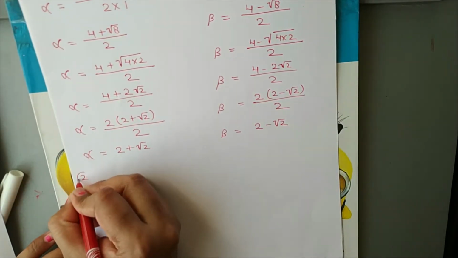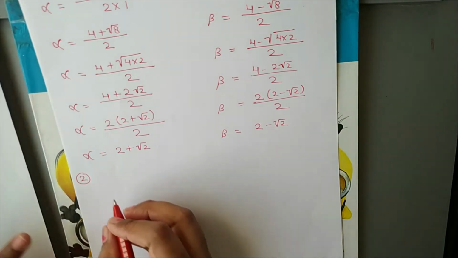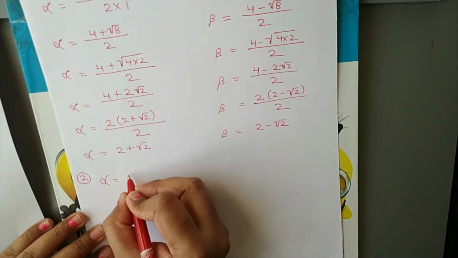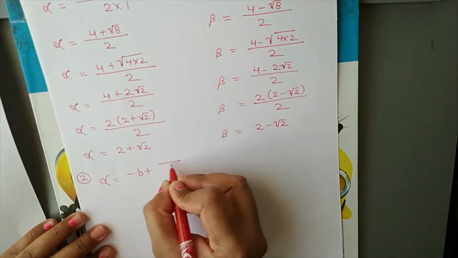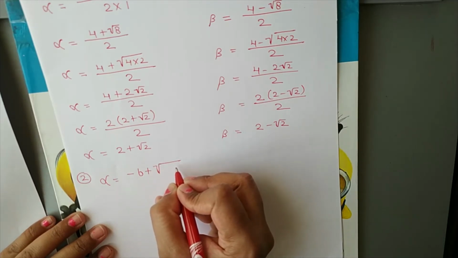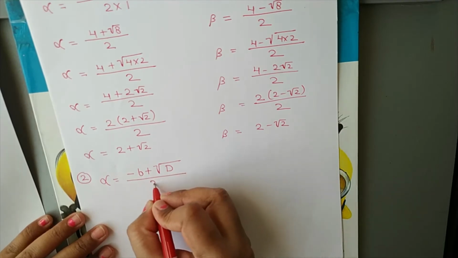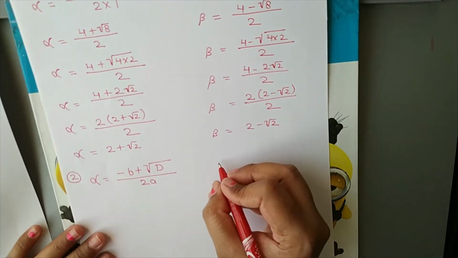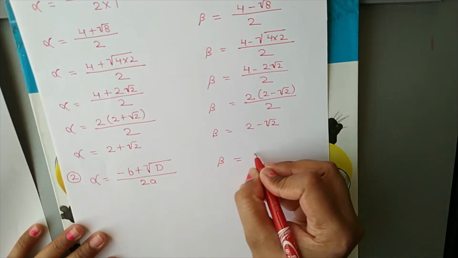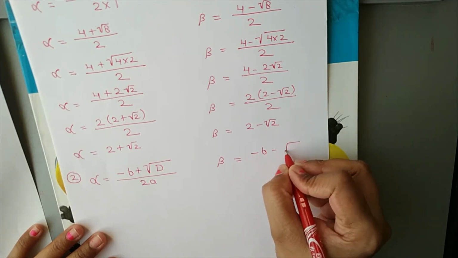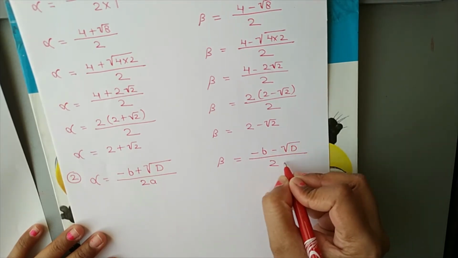For the second question, again alpha is equal to minus b plus under root b square minus 4ac, which can be written as D, divided by 2a. Beta is equal to minus b minus root D upon 2a.